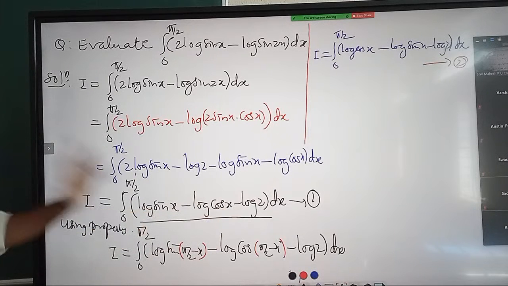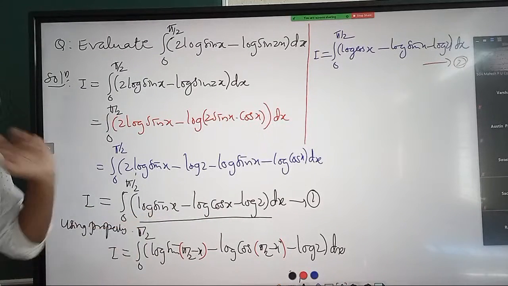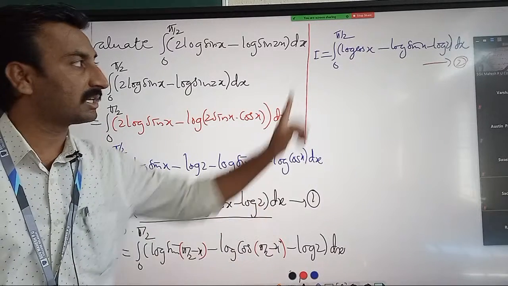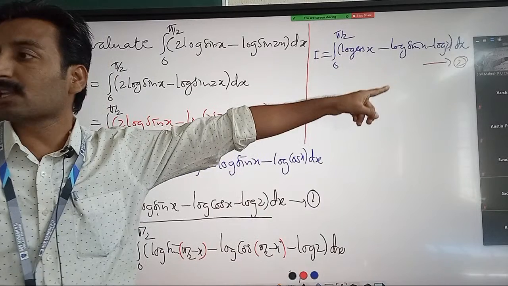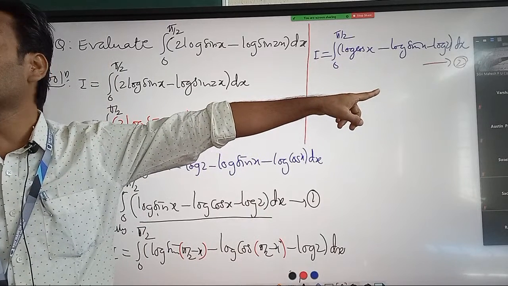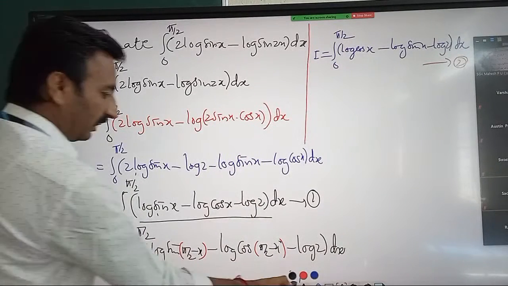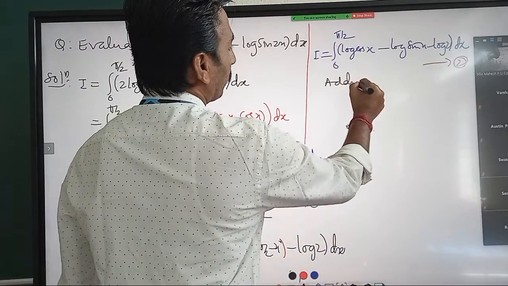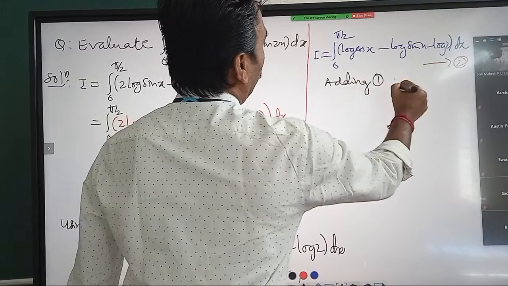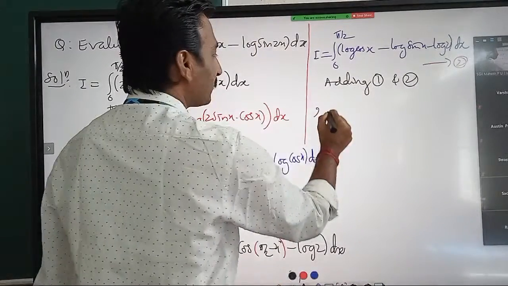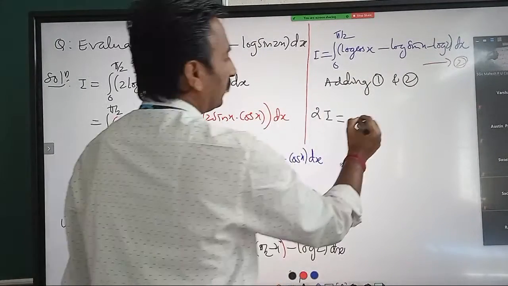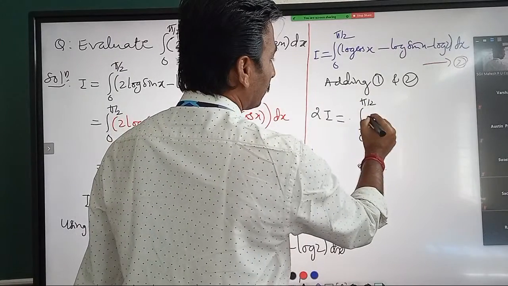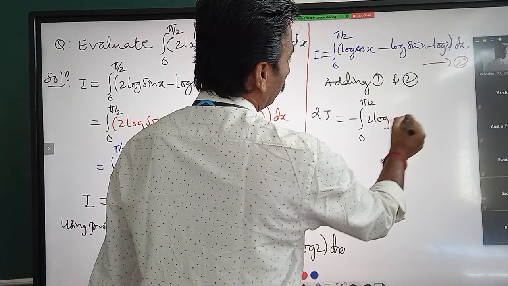So very clearly, log sin x cancels, log cos x cancels. Here also it is minus log 2, there also minus log 2. Minus 2 log 2. It is correct. So finally, adding 1 and 2, I will get 2I equal to integral from 0 to pi by 2 of minus 2 log 2 dx.